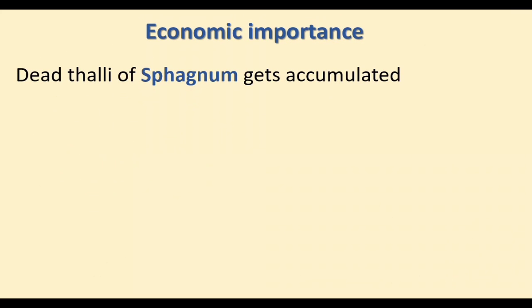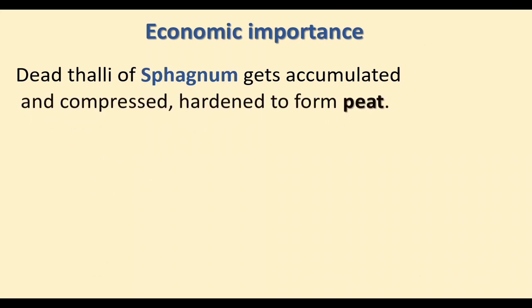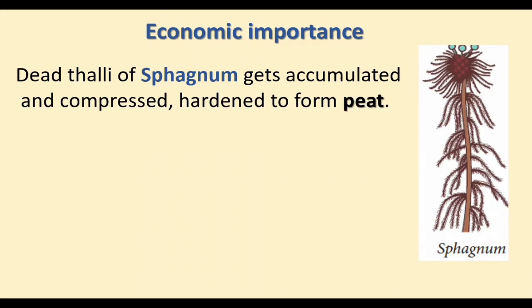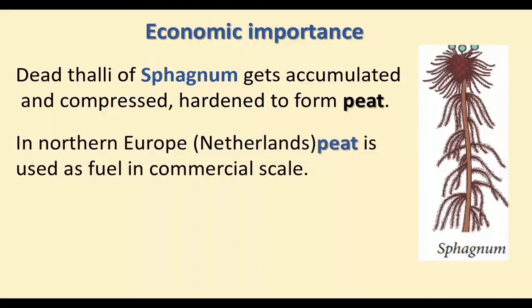Dead thalli of sphagnum get accumulated, compressed and hardened to form peat. Peat is obtained from sphagnum. Sphagnum is a bryophyte. After being compressed and hardened, it forms peat. Peat is a fuel. In North Europe, peat is used as a fuel on a commercial scale.